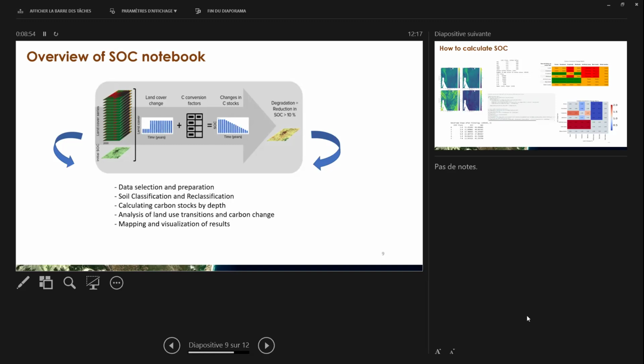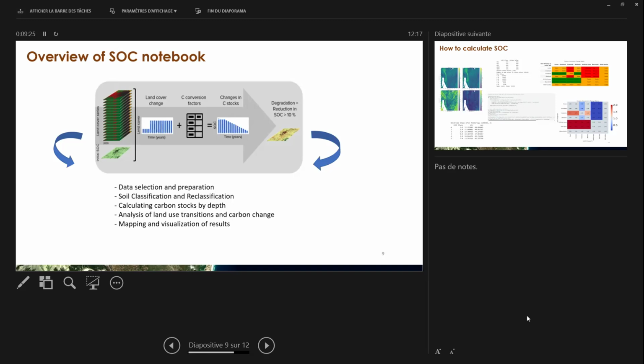And to do this, we need to follow some steps, which are the data selection and preparation. So here we need to call some data from the Digital Africa products to use later in this notebook.